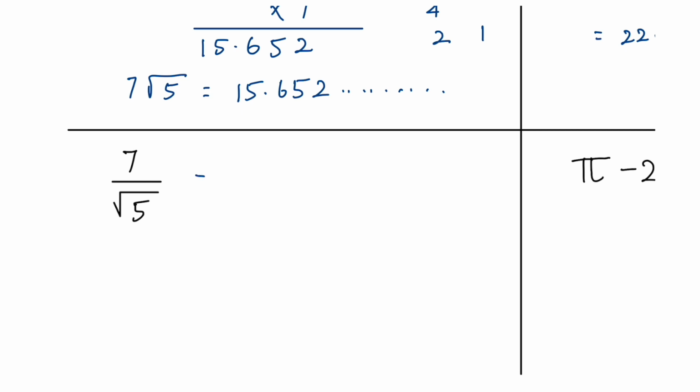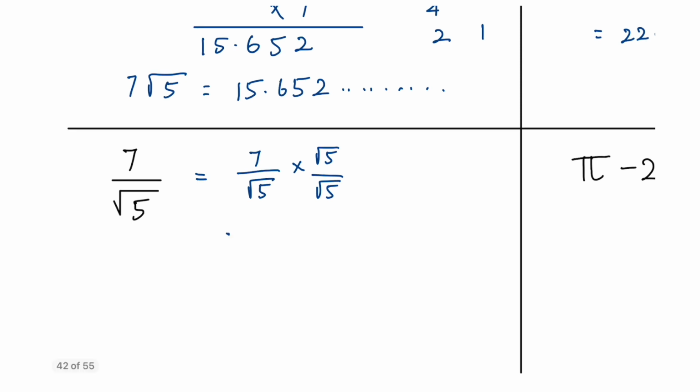What we are going to do is multiply this number with root 5 above and below. We can do this because root 5 divided by root 5 is 1, and 7 by root 5 times 1 is also 7 by root 5. So this doesn't violate any rules of mathematics, so you can do this.